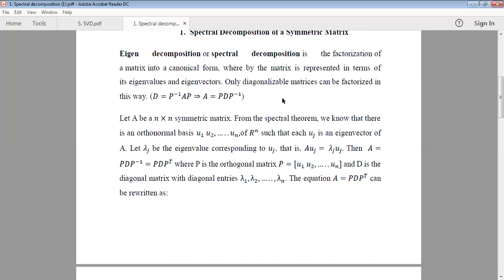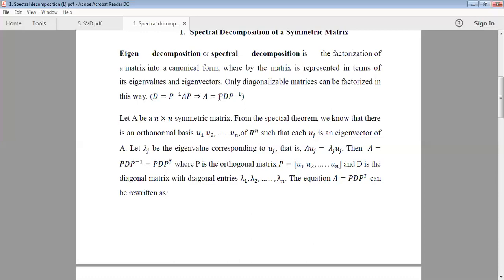Symmetric matrix being diagonalizable means we can write P inverse AP equals D, so A equals PDP inverse. This decomposition is nothing but the spectral decomposition or eigen decomposition.